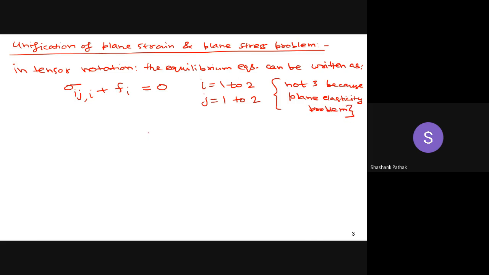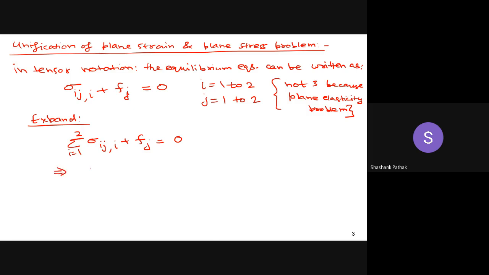Okay, so let us expand this one. That will be summation i equal to 1 to 2 of sigma ij comma i plus fj equal to 0. Here you are putting the summation on i, not on j, because i is repeating here.